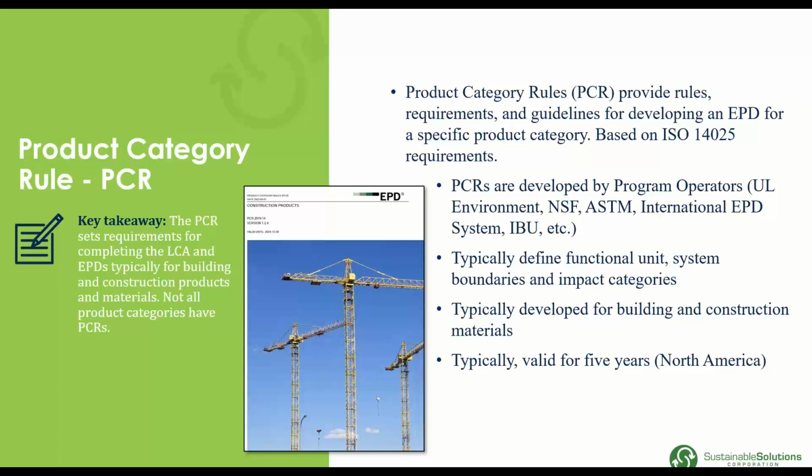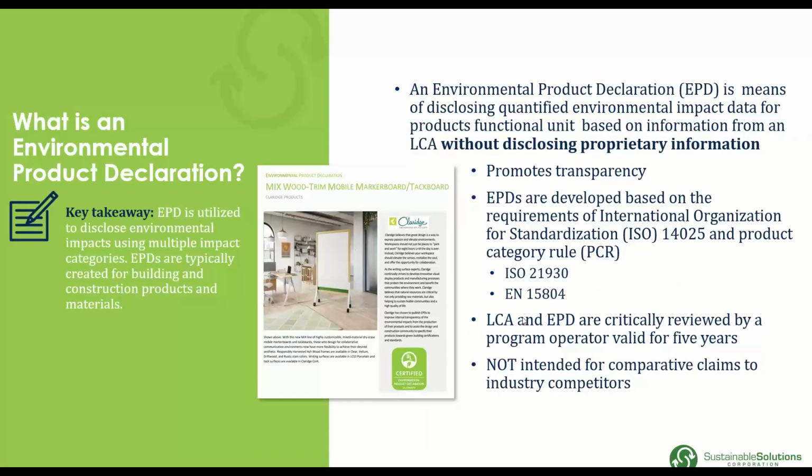These are typically not recommended for direct comparison, but it's just meant to identify and do these LCAs and EPDs in a fair manner. They're usually valid for 5 years, and they're typically developed for building and construction materials. So once we're moving forward on a project, we know that we're going to do a life cycle assessment.